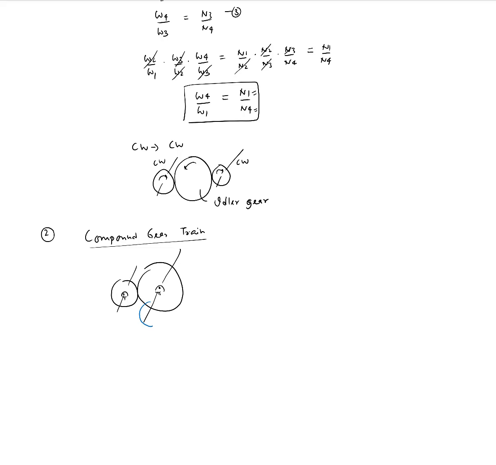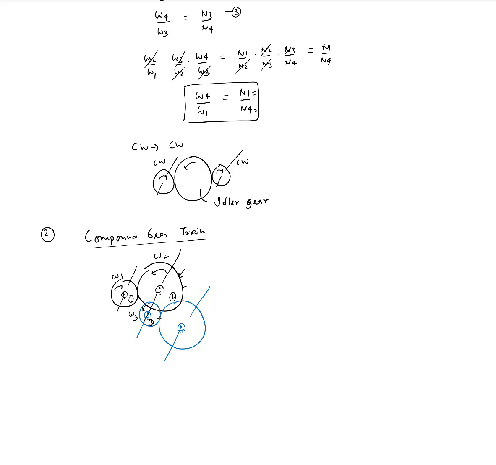You have another gear like this on the same shaft. So let's say this is rotating with angular speed omega 1, this is omega 2. This is 1, this is 2, this is 3, with both 2 and 3 on the same shaft. So they will be rotating with the same angular speed, but for now let's call this omega 3. And then I have my fourth gear that is meshing with gear number 3.